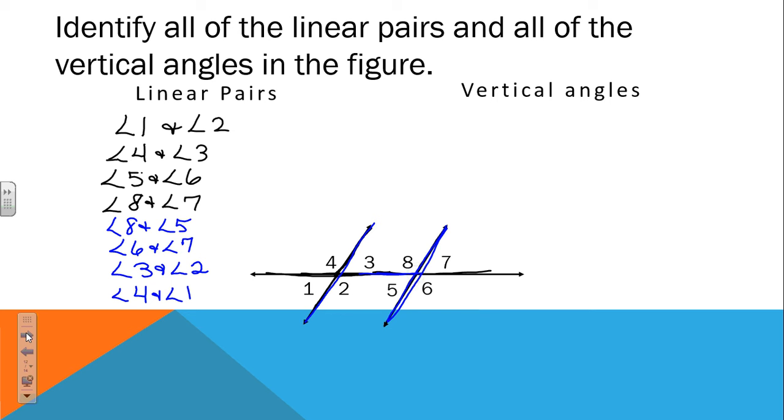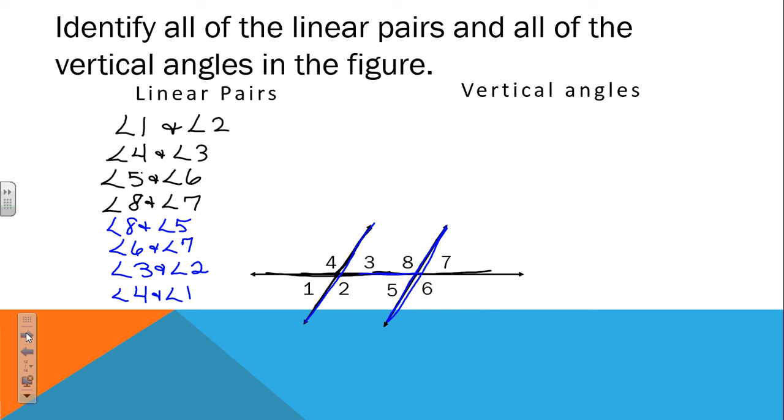Now, vertical angles. Remind me, what are vertical angles? Made with 2 lines, right? They only share a vertex. V for vertex. V for vertical, V for vertex. Okay? All right. So now, let's this time go ahead and pick on Olivia.